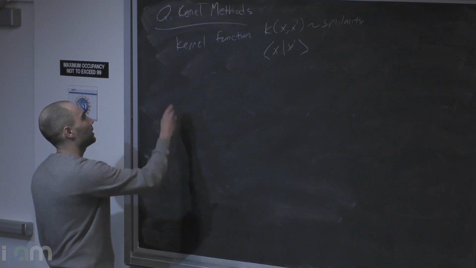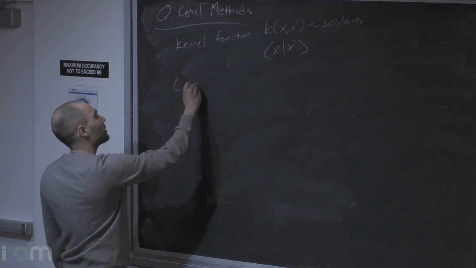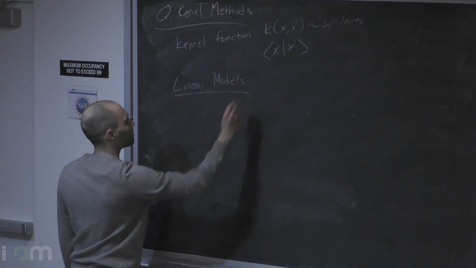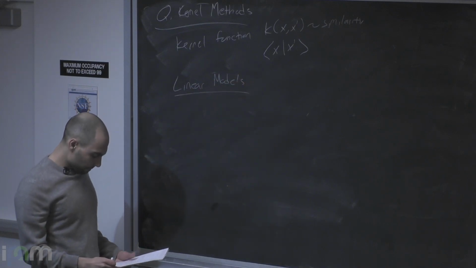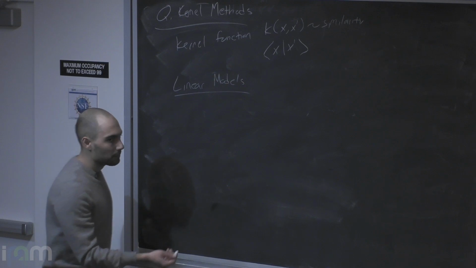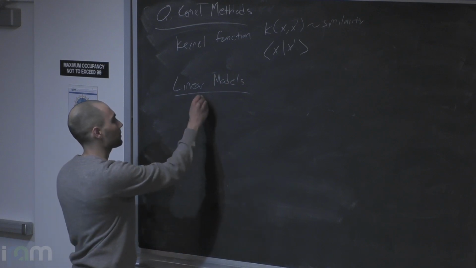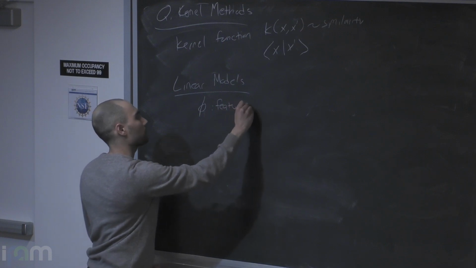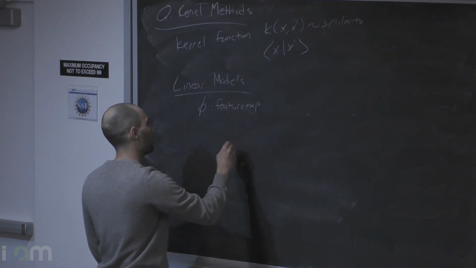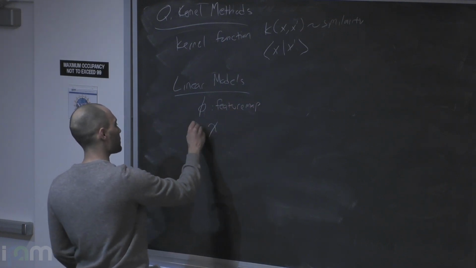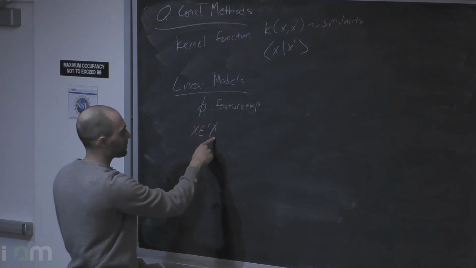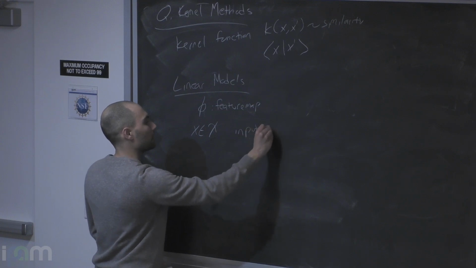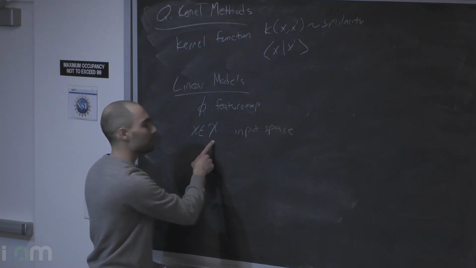OK, so kernel methods are all basically linear models, and I'm going to give some notation here. We have some phi, which is a feature map. And we have some input space. Our inputs x are drawn from some calligraphic X, which is an input space. This can be anything.